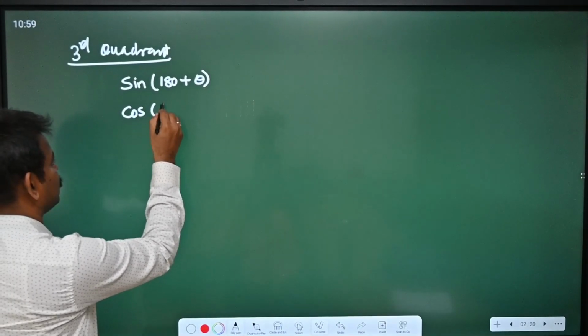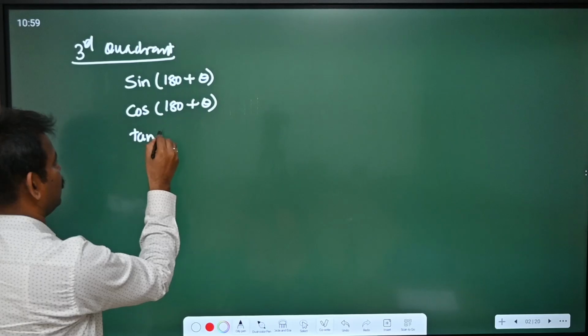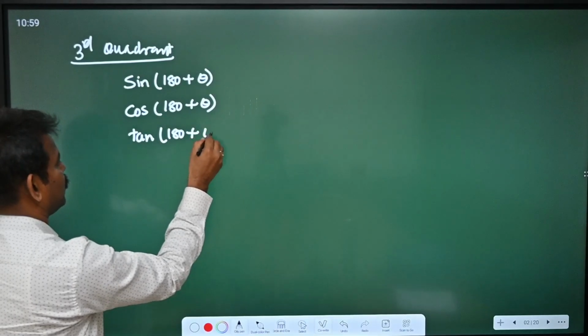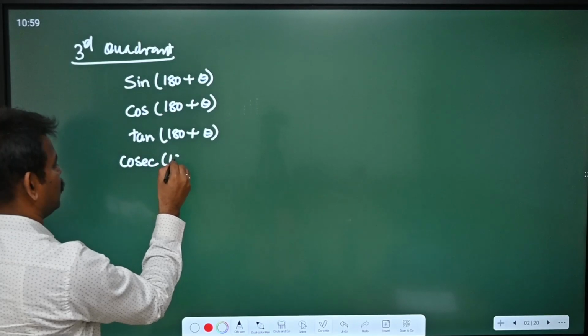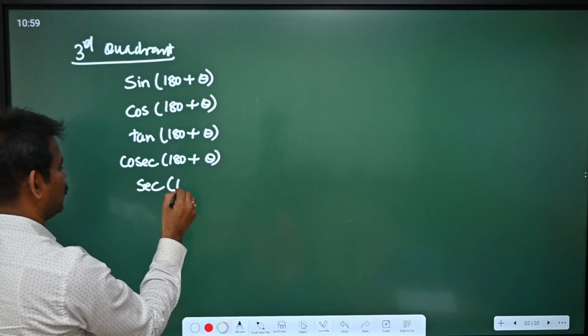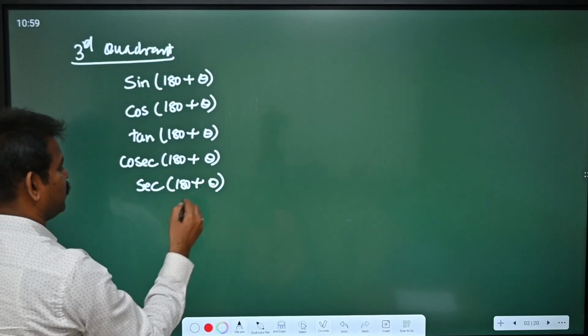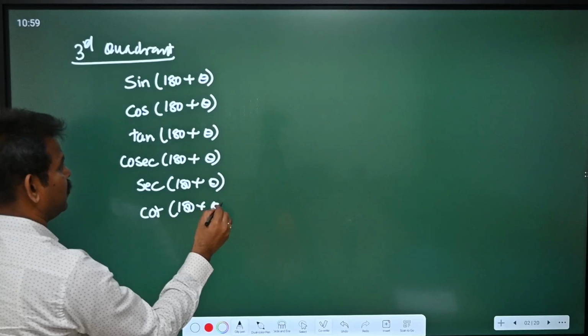Similarly, cos 180 plus theta, tan 180 plus theta, cosecant 180 plus theta, secant 180 plus theta, cot 180 plus theta.